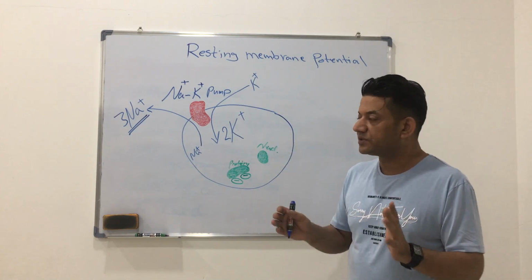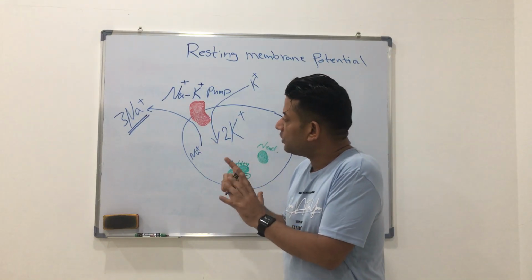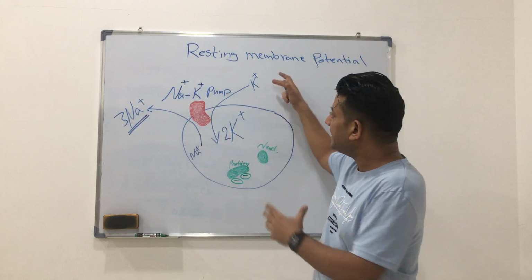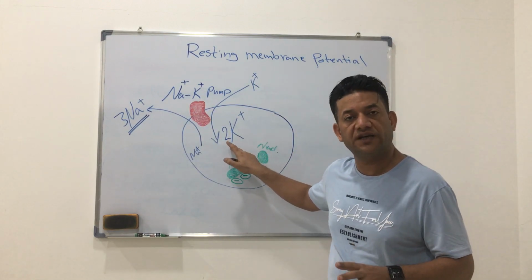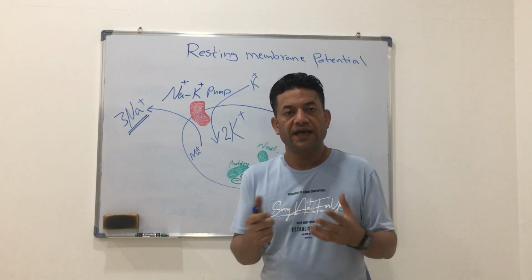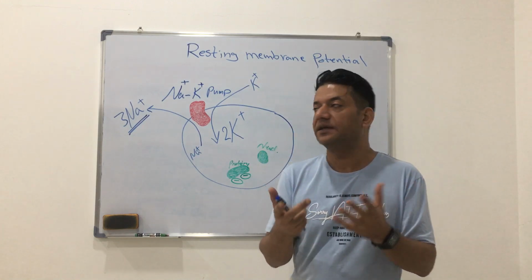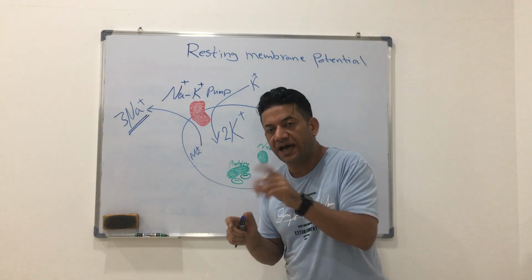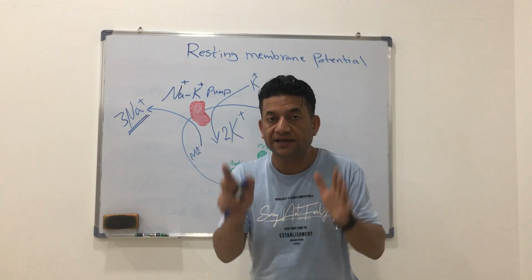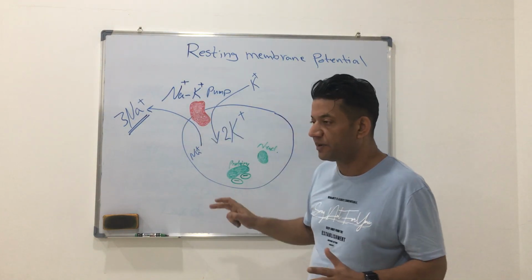So, in other words, the sodium potassium pump will pump to the outside 3 ions of sodium and cause entrance of 2 ions of potassium to the inside of the cell, and this will cause a difference or shortage in what? In the positivity inside the cell. The positivity inside the cell will decrease because of the action of the sodium potassium pump.